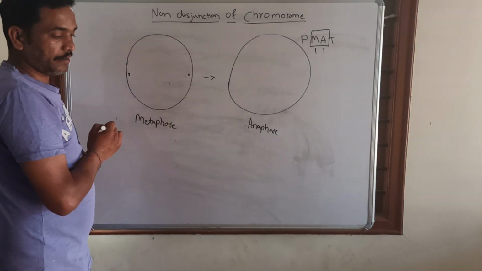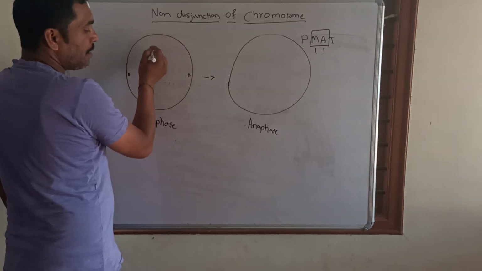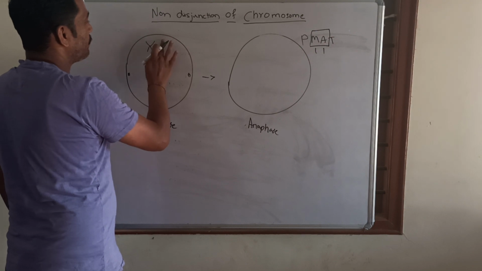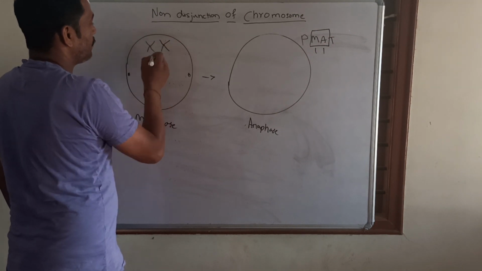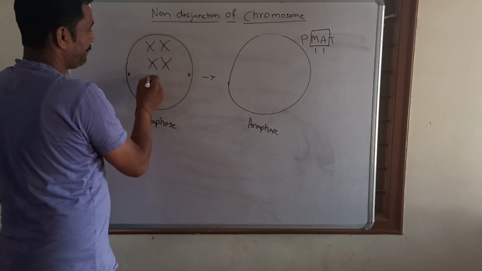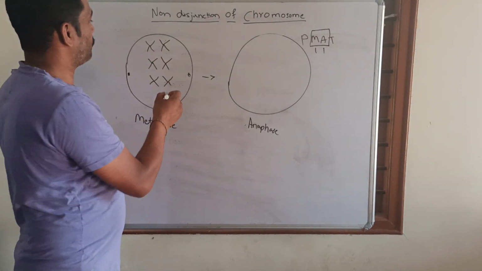Spindle fibers are attached to the 2 poles, where the chromosomes are arranged here. I would say 3 chromosomes.